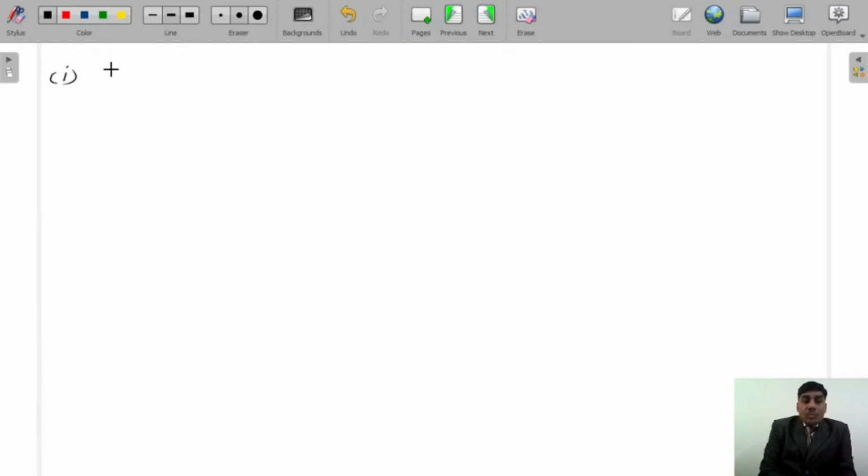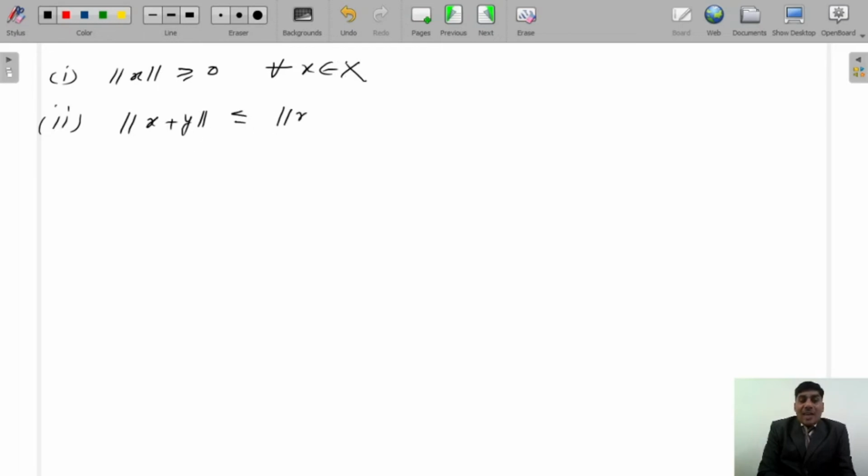First, norm of x is greater than or equal to 0 for every x belongs to capital X. Second, norm of x plus y is less than or equal to norm of x plus norm of y.